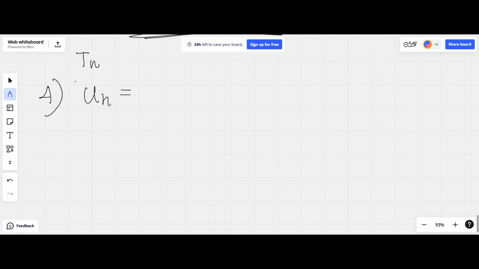You can denote it as t or u, no issues. They have given un is equal to pn plus q, where p and q are constants. What is a constant? A constant is a number which is not going to change.